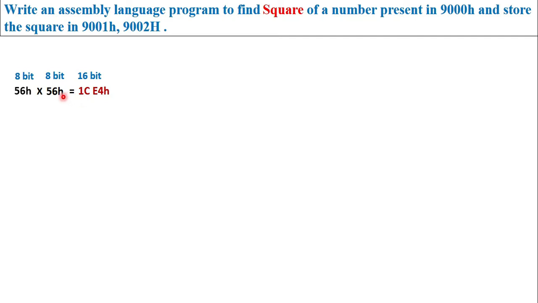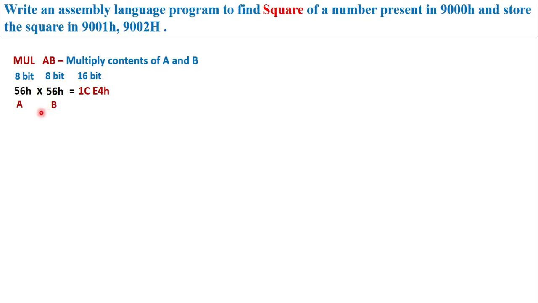Now, what is the only operation being done between these two input numbers? It is a multiplication. And in 8051, we have one multiplication instruction, which is MUL AB, which multiplies the contents of accumulator and register B. Meaning to say, the contents to be multiplied must be in A and B registers only.